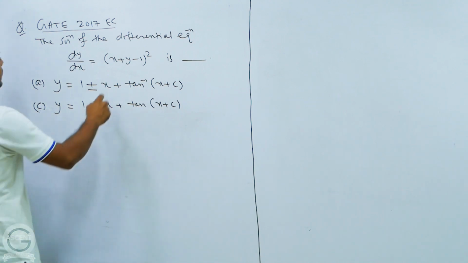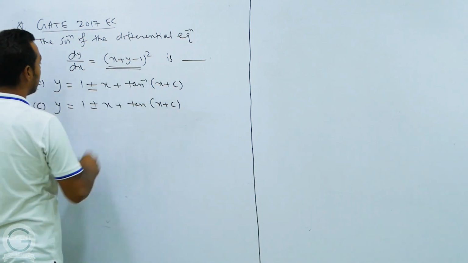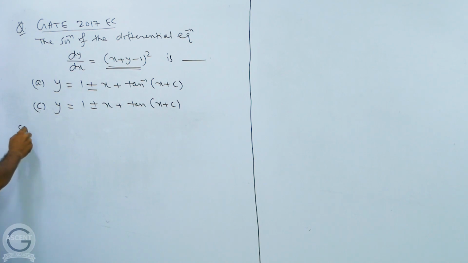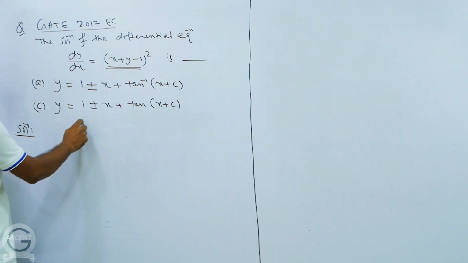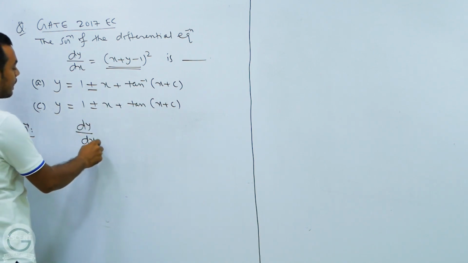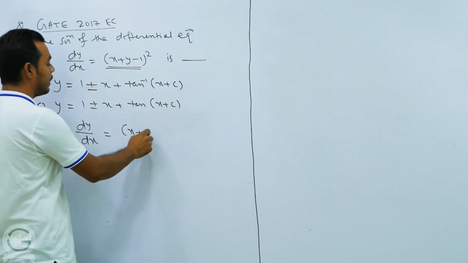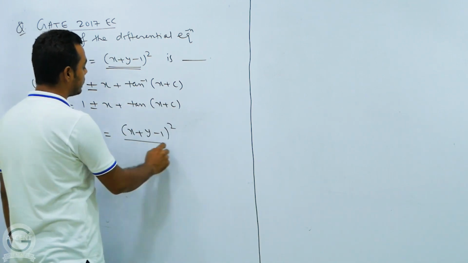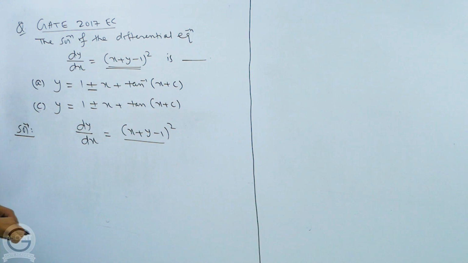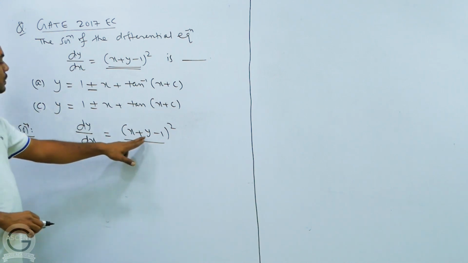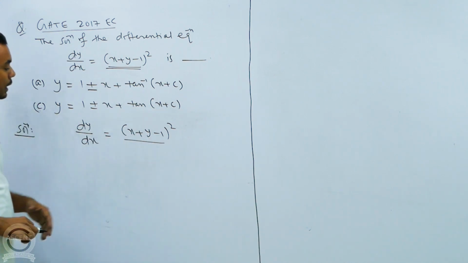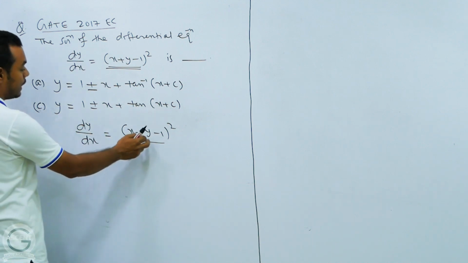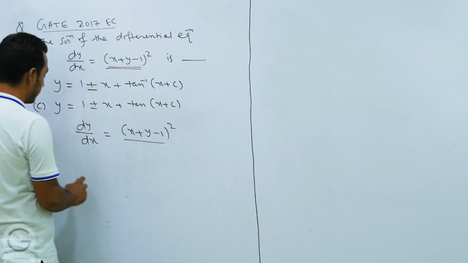Now again, as you can see, you cannot separate the variables here directly. The given differential equation is dy by dx equals (x plus y minus 1) square. Since you cannot separate the variables directly, in place of x plus y minus 1 you have to write t, because the right hand side is a function of x plus y minus 1.